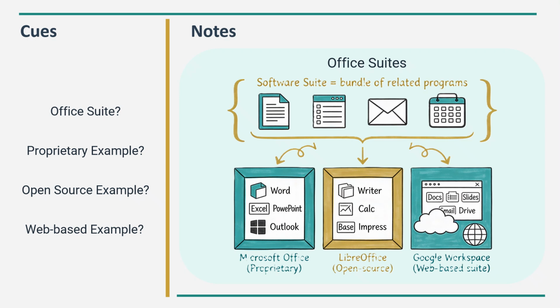An example of an open source Office suite is LibreOffice, and an example of a web-based suite is Google Workspace. Always make sure that you know what the common name is. The common name for this bundle of related programs is an Office suite, and then different examples are Microsoft Office, LibreOffice or Google Workspace.